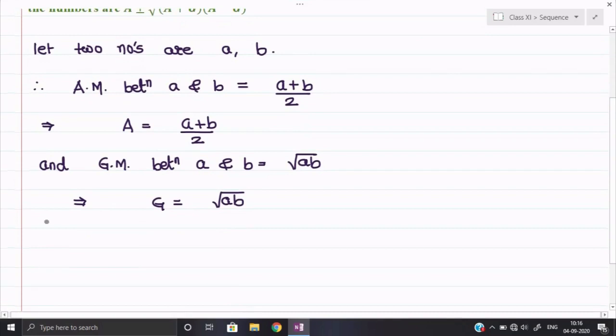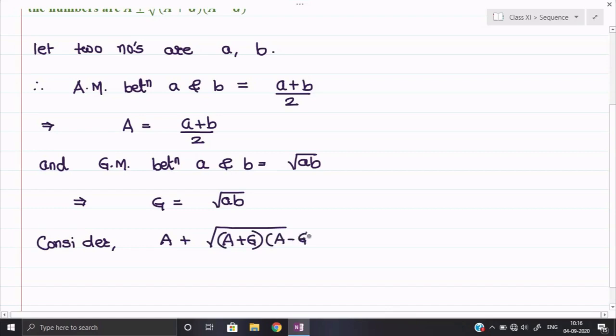First of all, we shall consider finding the value of a. So I am taking here a plus under root of (a plus g) into (a minus g).